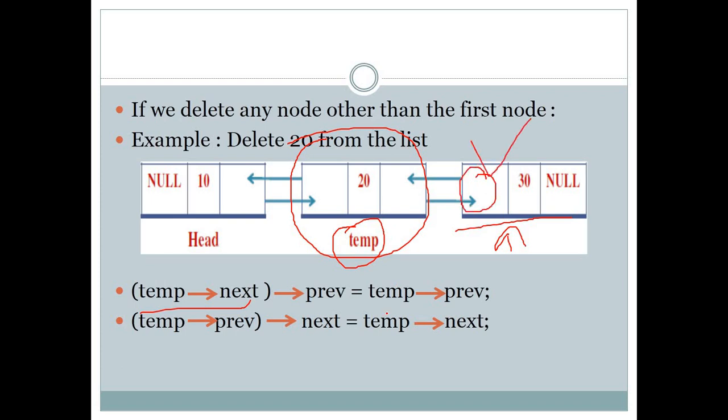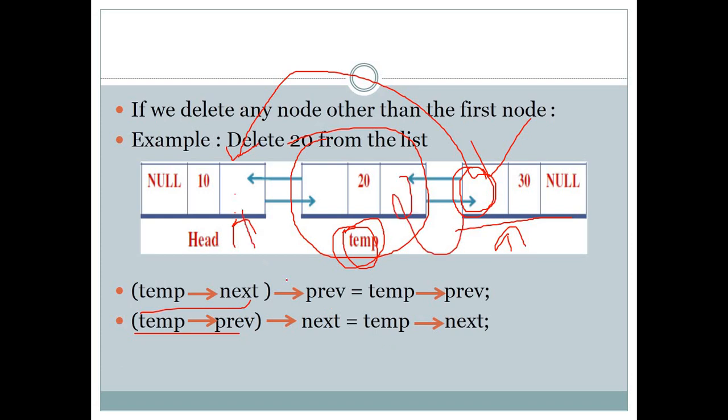We will put in temp's previous, that is, this thing, from here. And temp's previous, its next, means this thing, is equal to temp next, this thing from here.